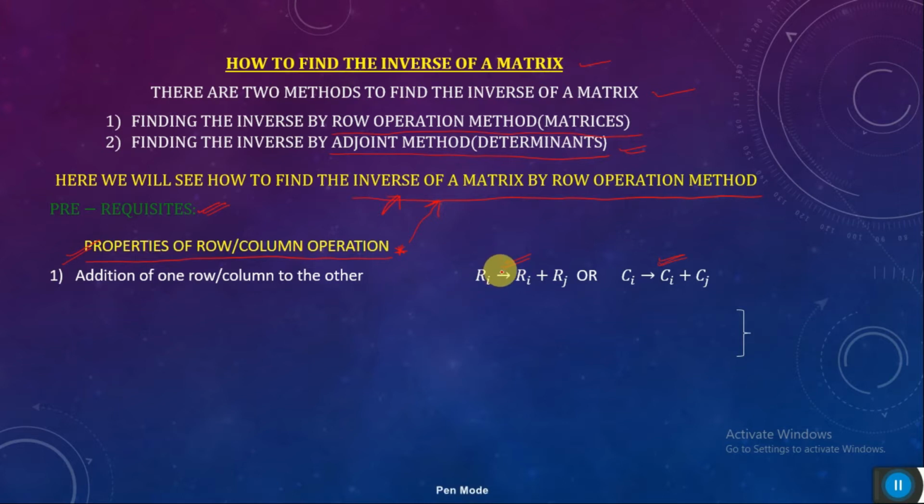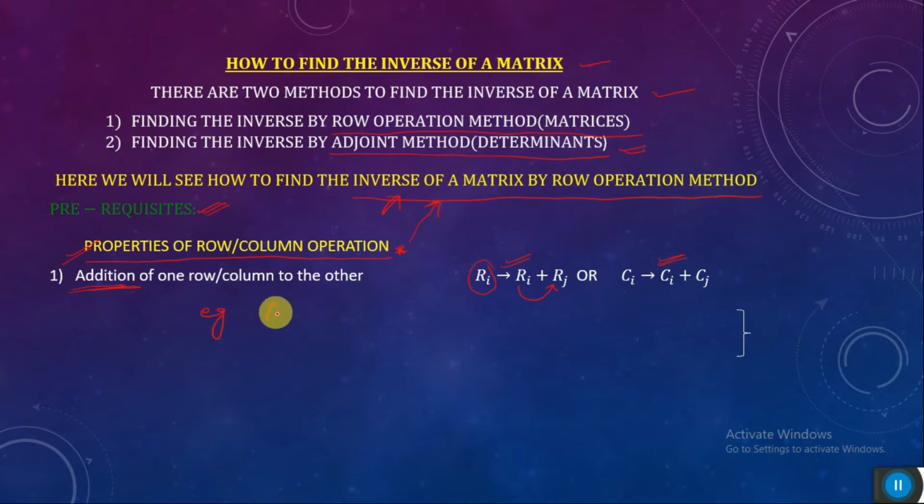Now the first is addition. We add two rows. You can see this is the row where the operation is applied, and to this row another row has been added. So let's see an example on this.